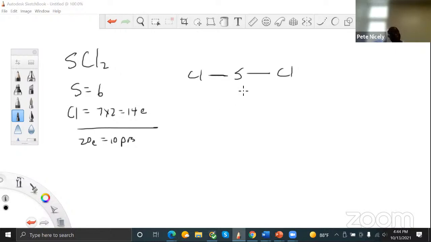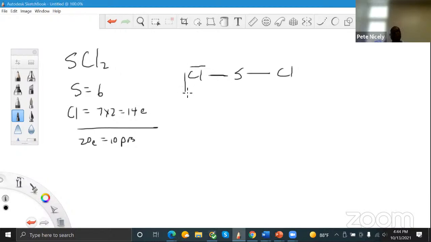Well, you have to be careful about that because you have to place the pairs on the atoms in a particular order. You have to start off with the atoms on the outside first, right? So basically, I would put the 3rd pair here, the 4th here, and the 5th here for that chlorine.